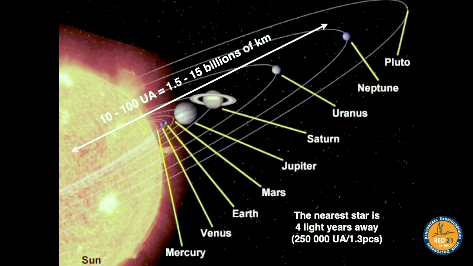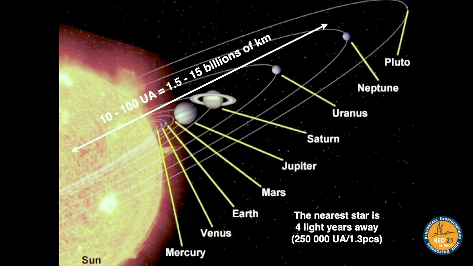And to have an idea, I think it's important to have in mind what are the length scales of the problem. So here you have a view of the solar system, with all the 8 planets and the minor planet Pluto.